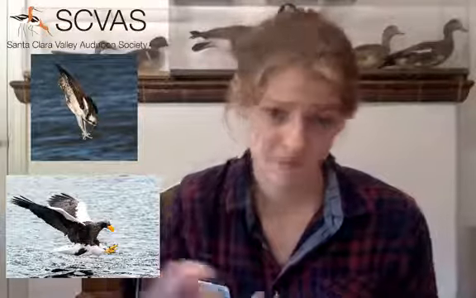Beyond this, I really do want to highlight a difference in body shape for these birds. So these are two birds that rely heavily on fish for their food. The top is our osprey. The bottom is the Steller's sea eagle.